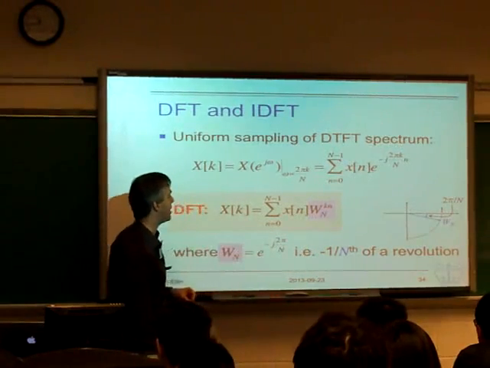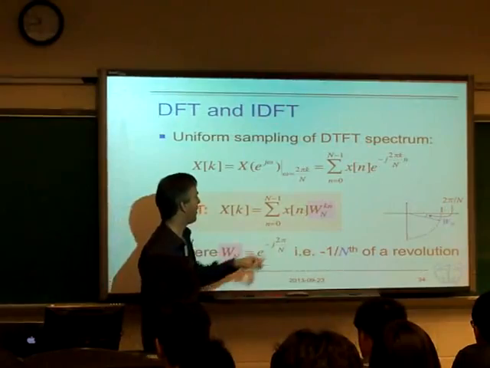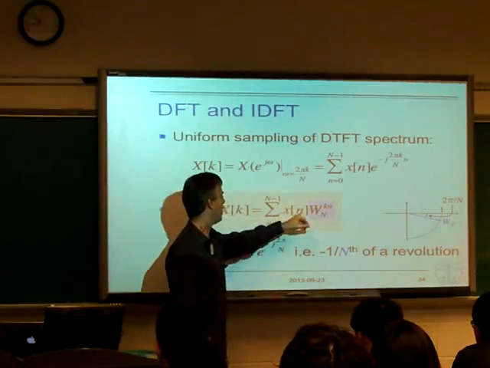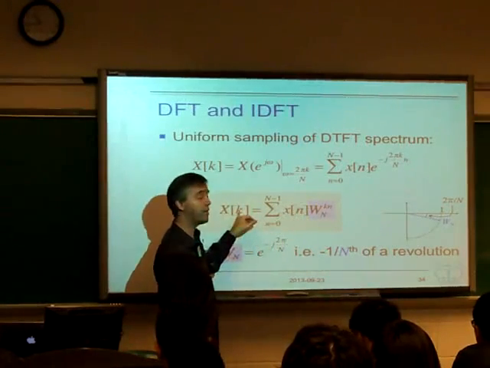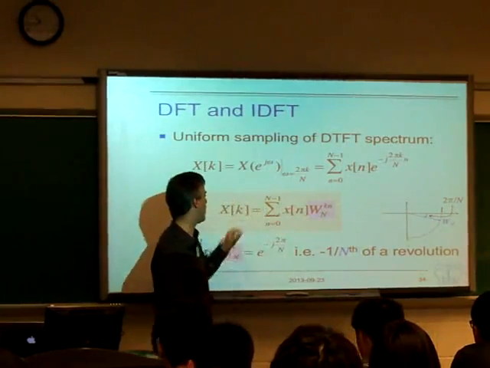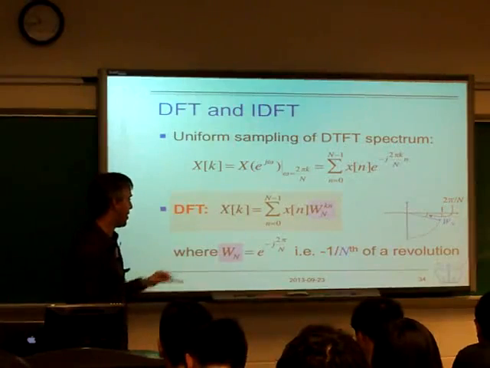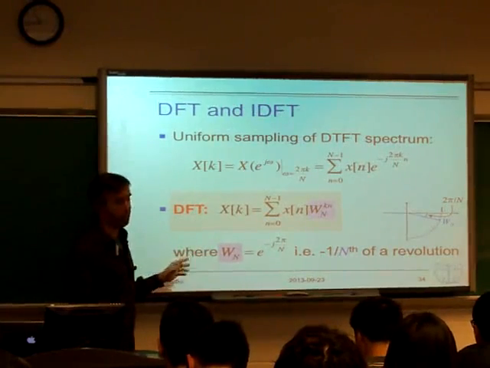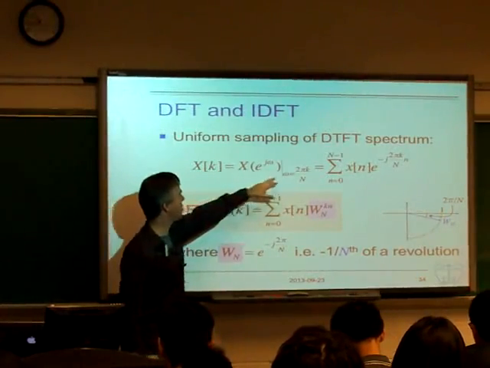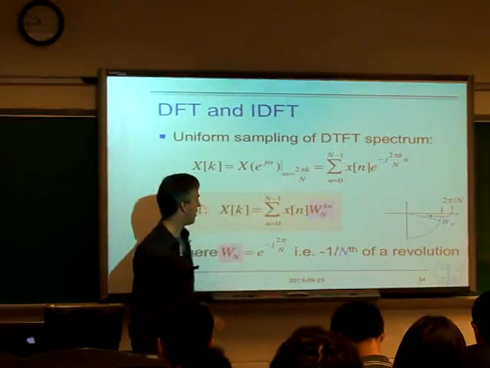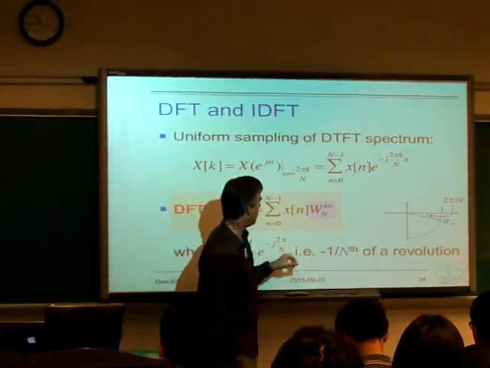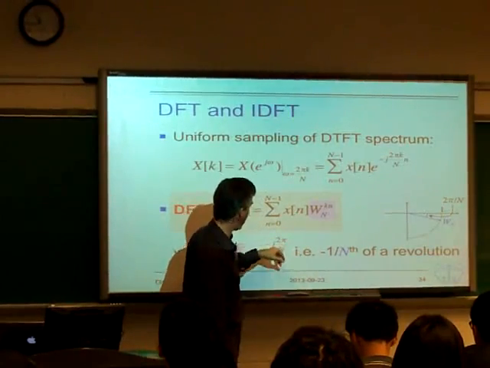That's kind of neat, so we can see that we've got this single basis, we raise it to the power of the time index times the frequency index. We take the inner product against those, and that gives us the individual frequency bin. That's just rearranging the DTFT equation subject to these two conventions. So this thing, W sub N, what it is, it's e to the minus j 2 pi on big N.